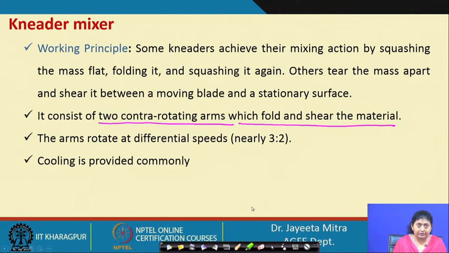So, we can use a jacketed system where if excess heat is generated, it can be cooled immediately. The energy requirement is large for kneading operation because these are highly cohesive materials, and to make them movable or foldable, or to stretch and squash them properly, a lot of energy is needed.